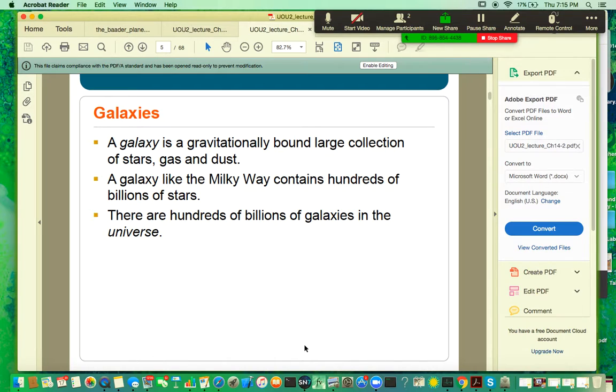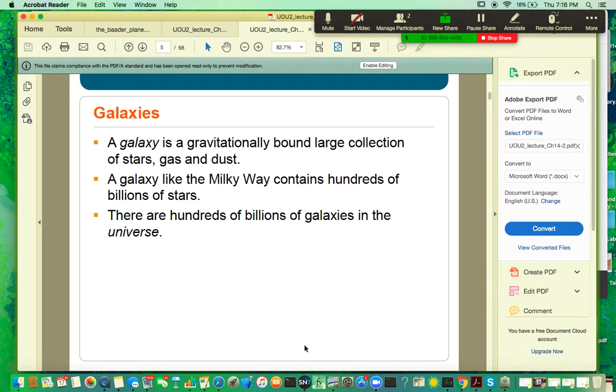So what are galaxies? Galaxies are complex systems that include many stars. There are galaxies called dwarf galaxies. They are small in volume and population, and they have hundreds of thousands of stars. Just stop and think about it.